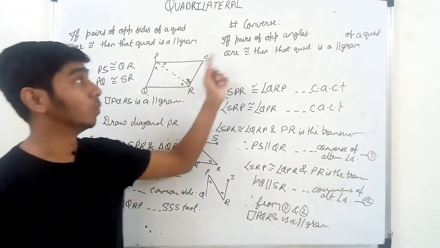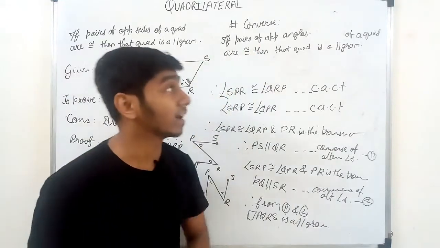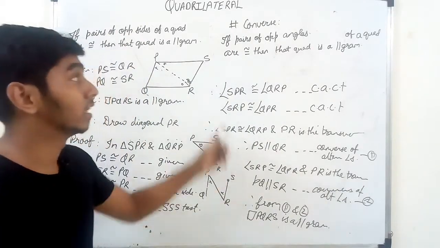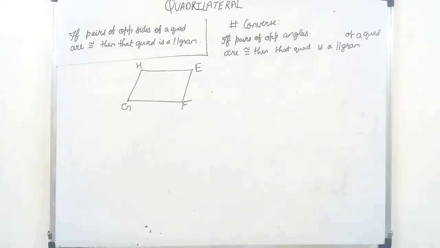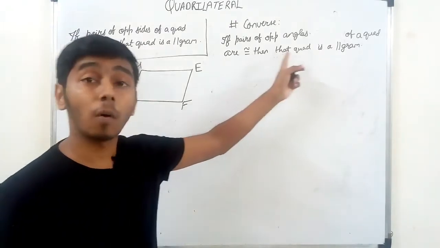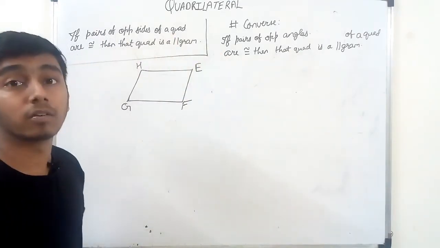Now we'll take the other converse, which is considering if pairs of opposite angles of a quadrilateral are congruent, then the quadrilateral is a parallelogram. So let's see that. So here this is the other converse, which says if pairs of opposite angles of a quadrilateral are congruent, then the quadrilateral is a parallelogram.